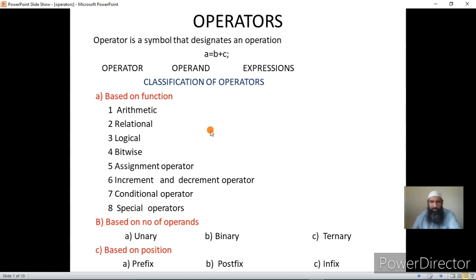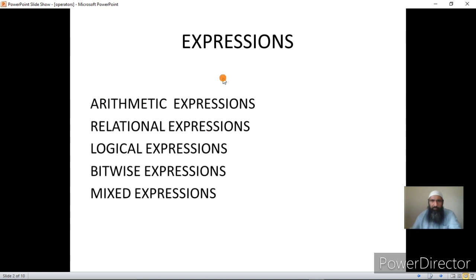Okay, next, once we use operators we can form expressions. Those expressions which are formed by using arithmetic operators are called arithmetic expressions.